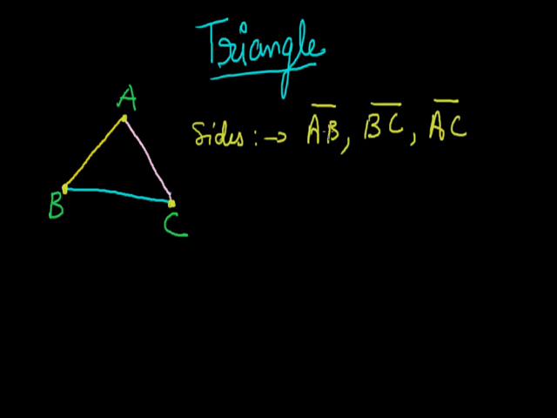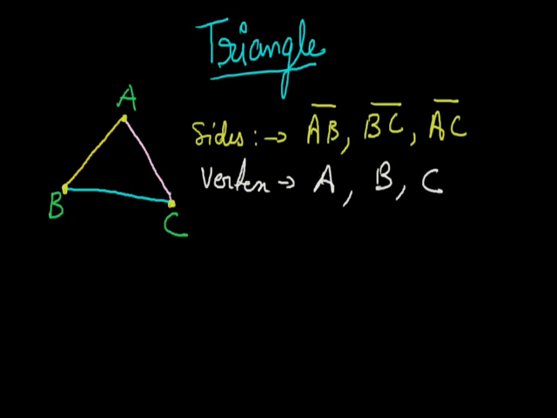These are the three sides of this triangle ABC, and it has three vertices that are A, B and C.